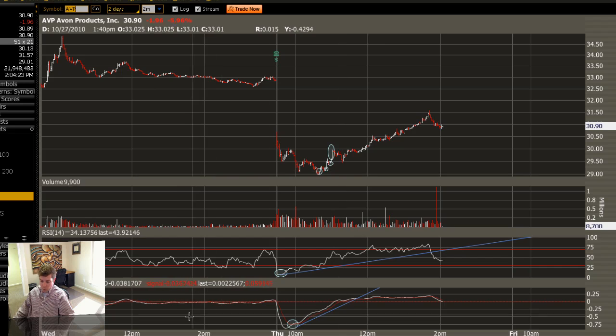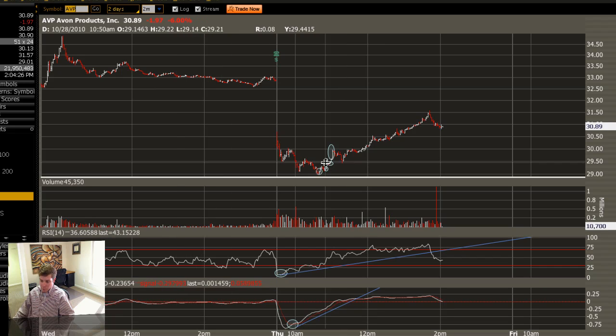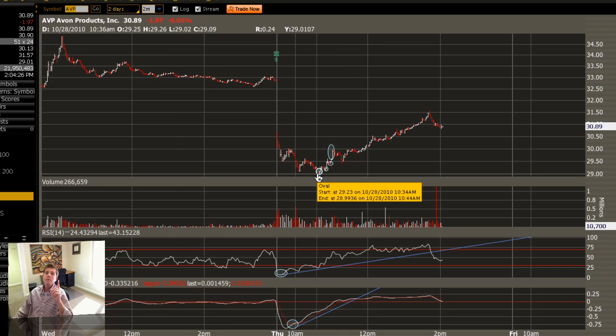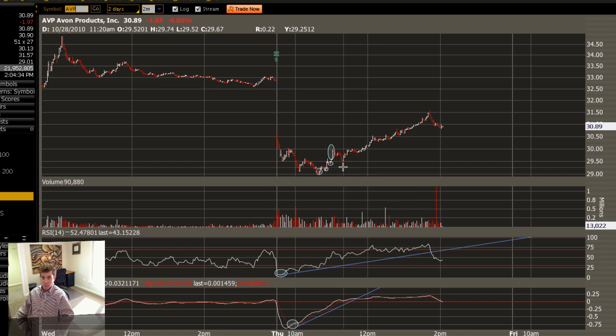So what I did was I saw that move and I placed a first-triggers-OCO order, meaning once the first thing hits, it's going to trigger a one-cancels-other order. The first was a buy AVP at 29.52 limit.